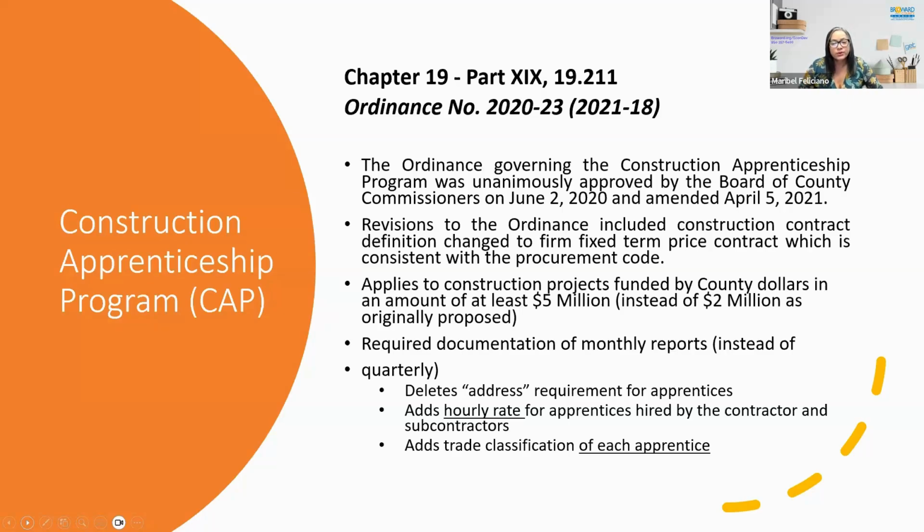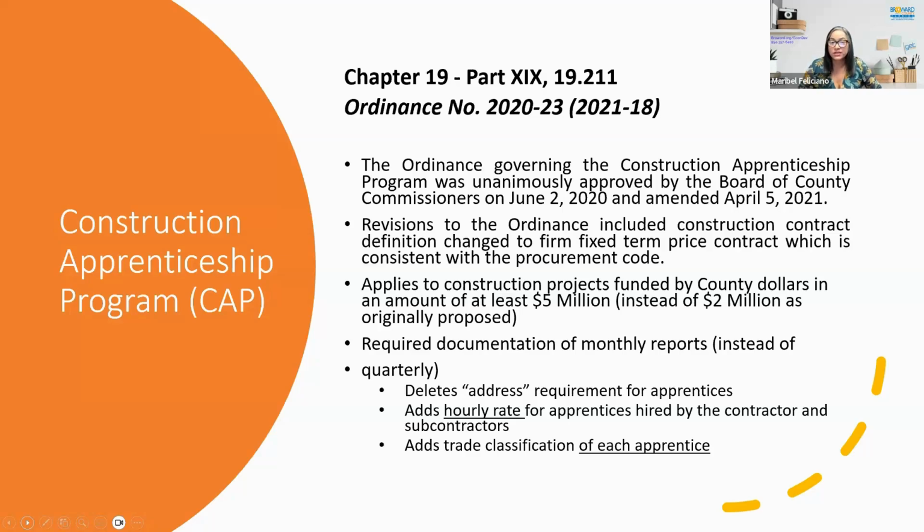What we're looking to do is address the many challenges recruiting workers for construction-related industries. So we have implemented this program in collaboration with Commissioner Geller and our Board of County Commissioners. We review all construction projects that are $5 million or more to determine eligibility.